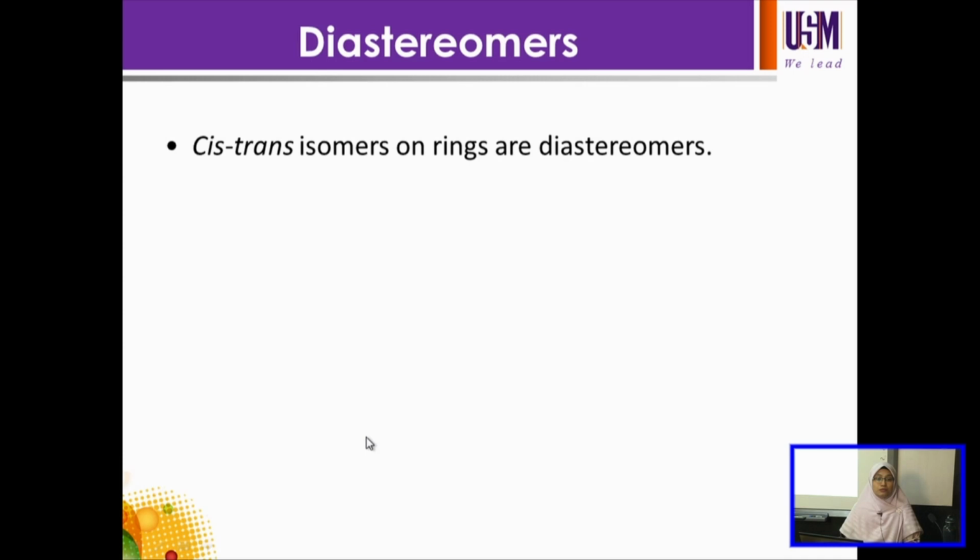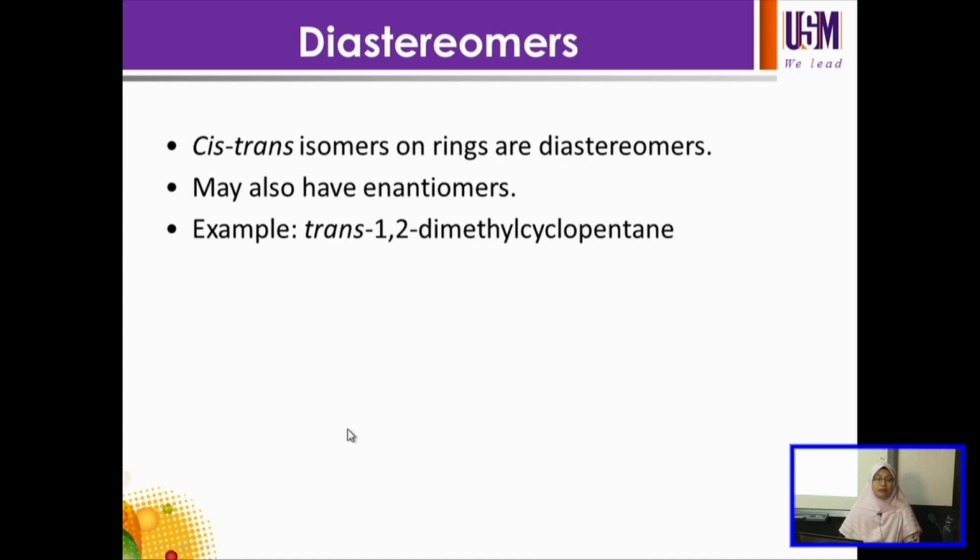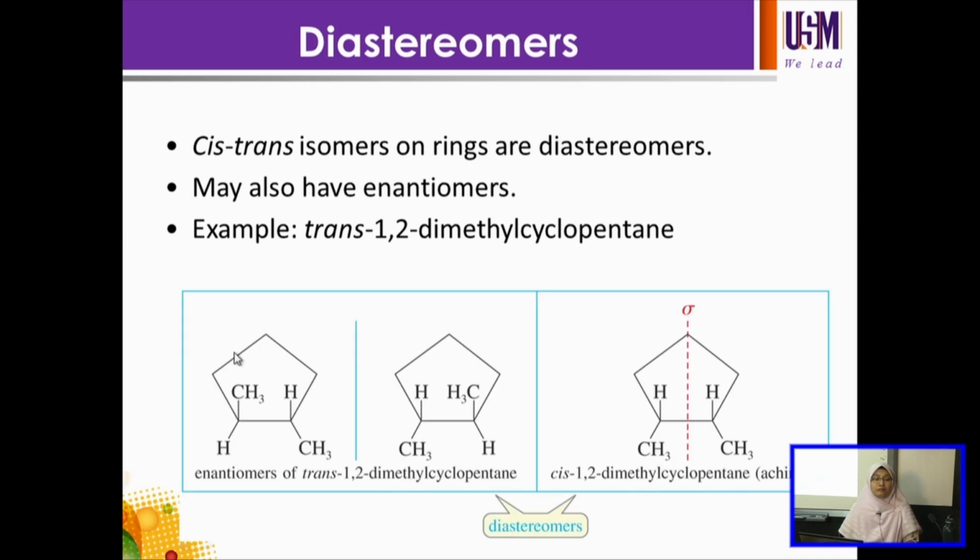Cis-trans isomers on a ring are diastereomers. We could also have a pair of enantiomers. For example, 1,2-dimethylcyclopentane. Here, this is the trans isomer and this is the cis isomer. The trans isomers are a pair of enantiomers.